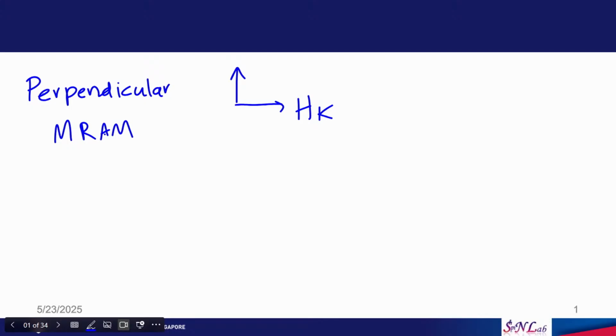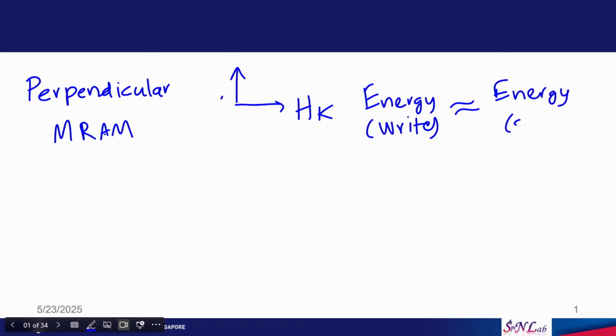So, this is the same field that is used for storing information also. So, that means, if you bring the magnetization from pointing up to pointing down, even if the precession happens, the energy spent to write is not more than the energy to store. Okay. So, the energy for writing is same as the energy for storing. Okay, so no extra energy spent like in the in plane MRAM.